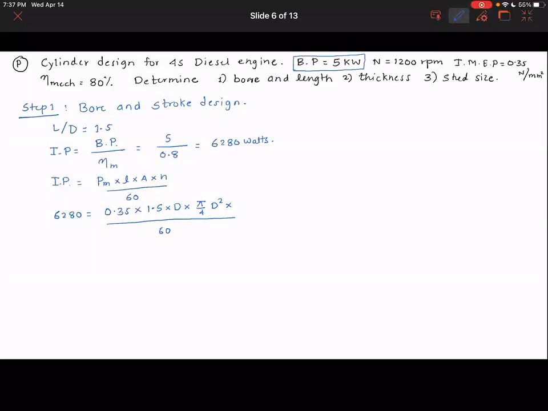Please understand, this is a 4-stroke engine. Since it's a 4-stroke engine, effective strokes is equal to speed by 2. So 1200 divided by 2, so 600.